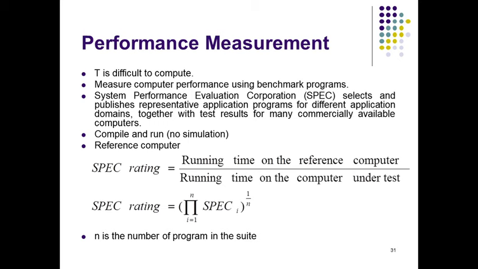Because the actual execution time is measured, the SPEC rating is a measure of the combined effect of all the factors affecting performance, including the compiler, the operating system, the processor and the memory of the computer being tested.